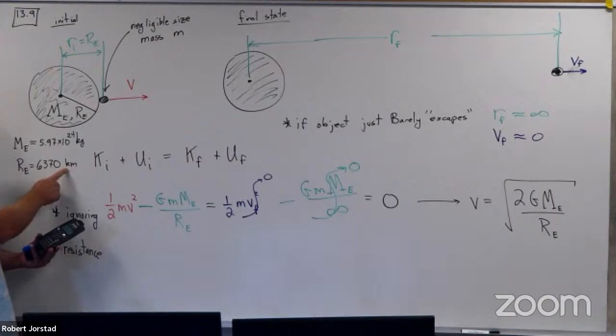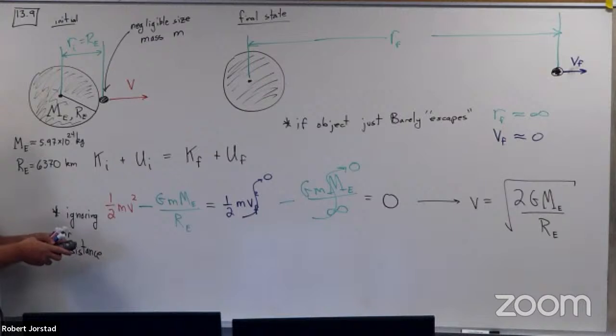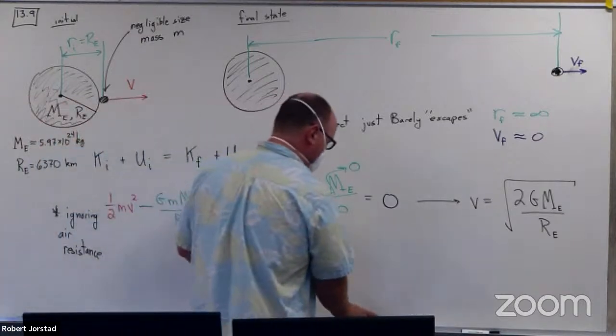Kilometer, 10 to the third. Now I'm going to square root that. Square root, answer, 11,000.